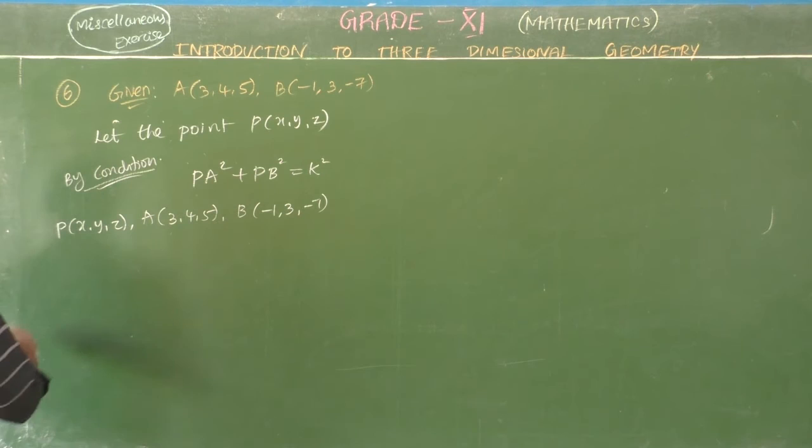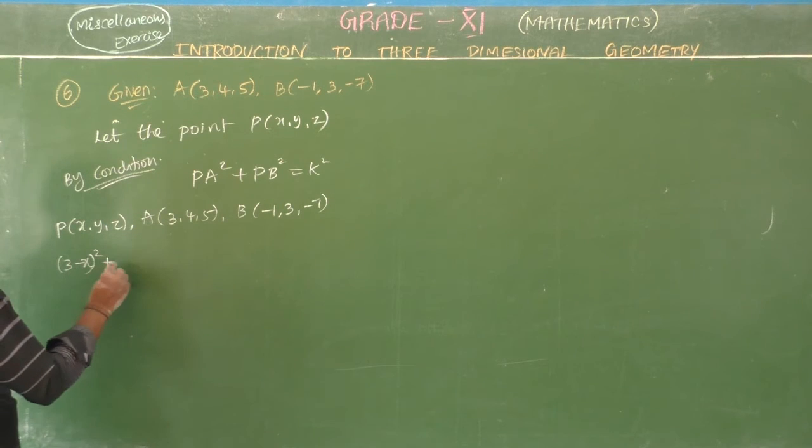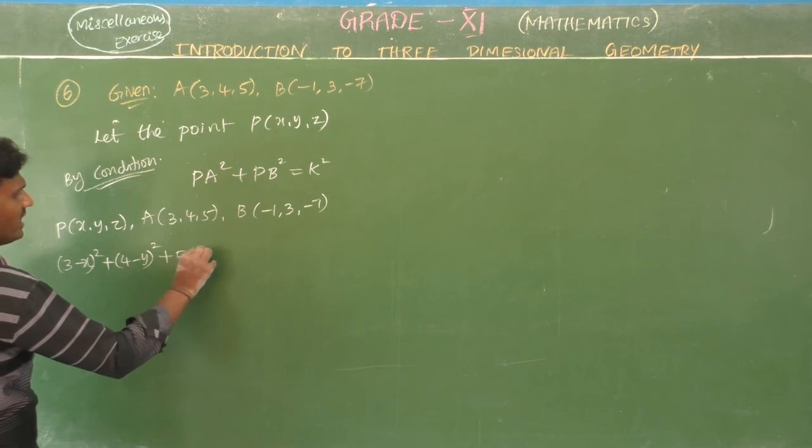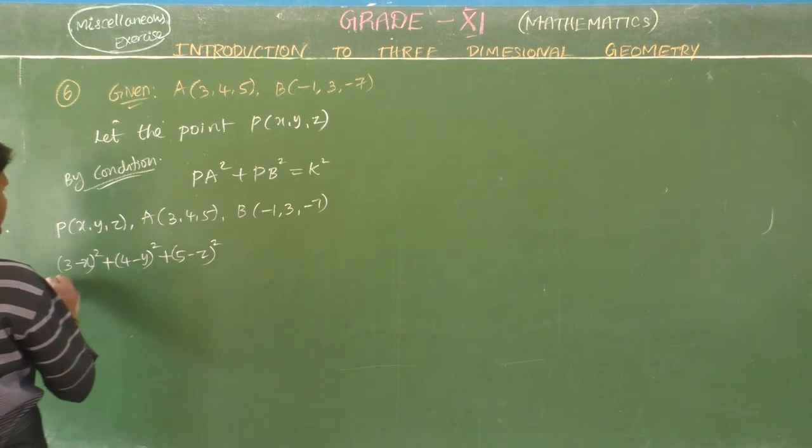See, PA square is this one we want to take. So 3 minus x the whole square plus 4 minus y the whole square plus 5 minus z the whole square.